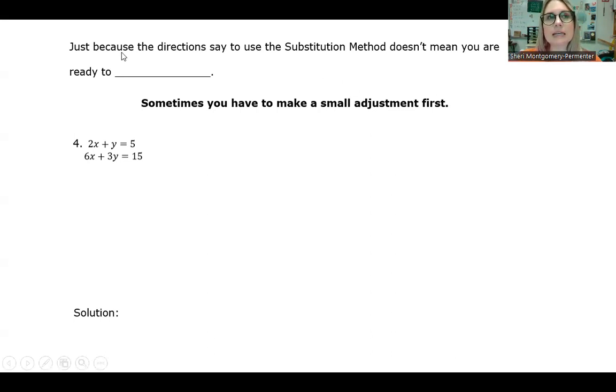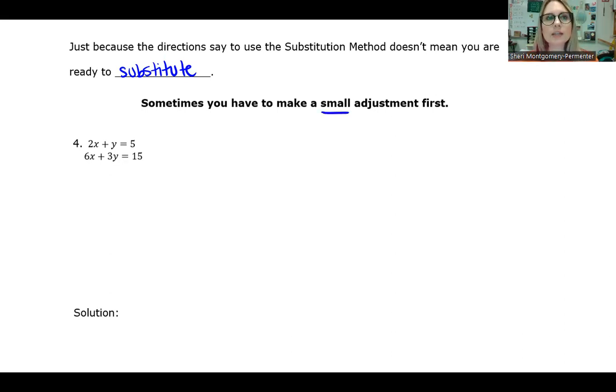We're almost done. Just because the directions say to use the substitution method, it doesn't mean that you're ready to substitute. Sometimes you have to make a small adjustment first.